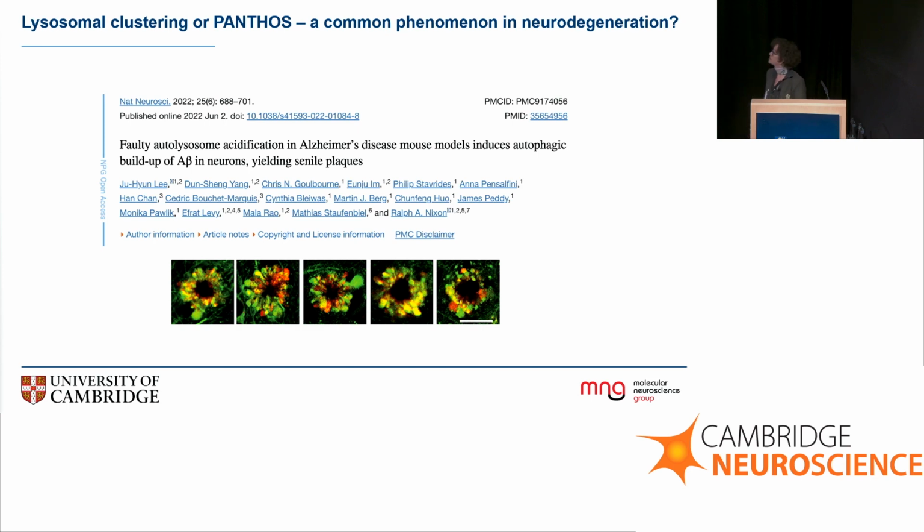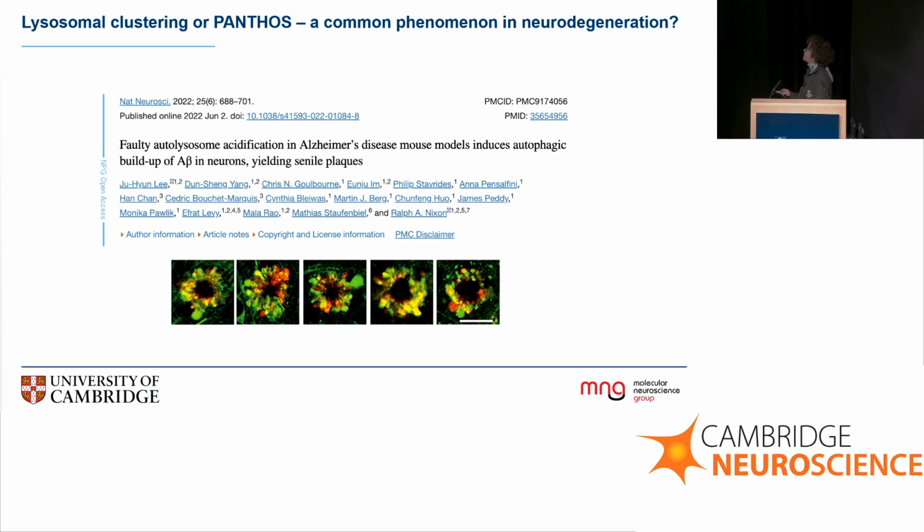This was a study that was published in 2022 in Nature Neuroscience by the group of Ralph Nixon. And they showed that faulty lysosome acidification in Alzheimer's disease mouse models induces autophagic buildup of A-beta in neurons, yielding senile plaques. And they call these very nice lysosomal clusters that they see occurring around the perinuclear area PANTHOS, from the Greek word meaning flower.